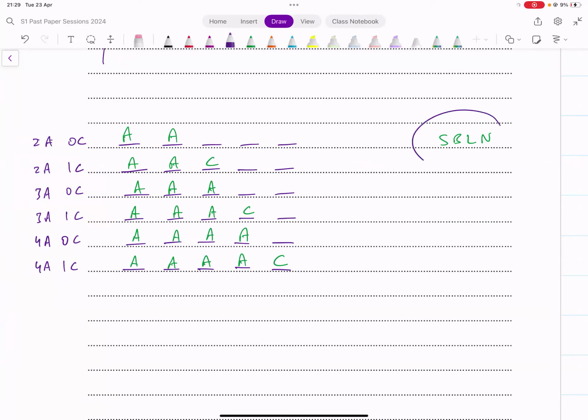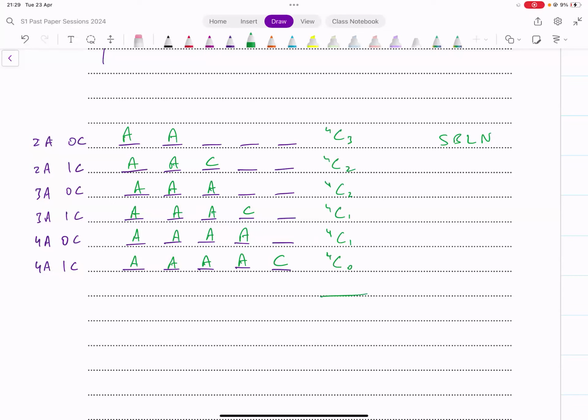Out of the remaining 4 letters, how many more do we have to choose? In the first case, 3 out of 4, that's 4C3, and then 4C2, 4C2, 4C1, 4C1, 4C0.